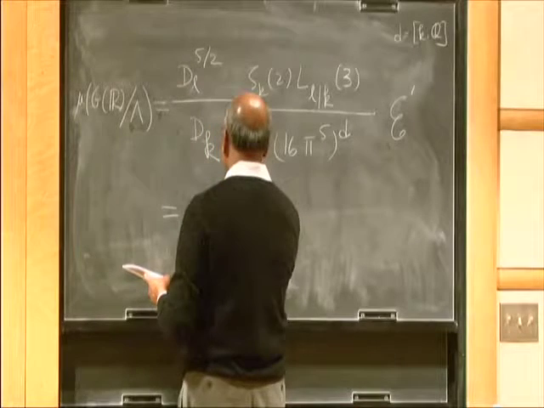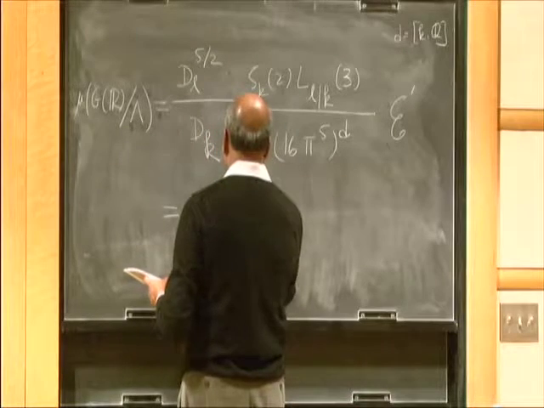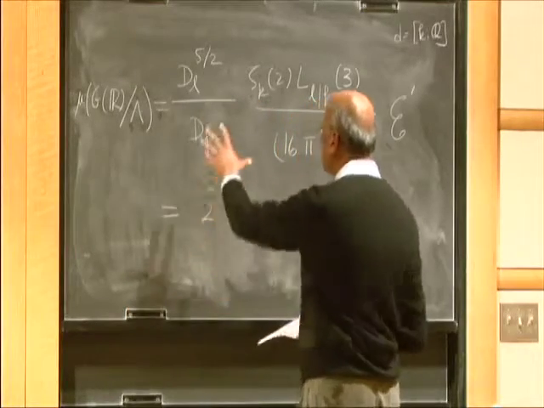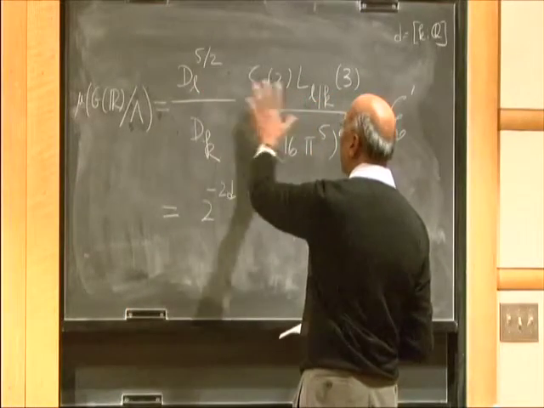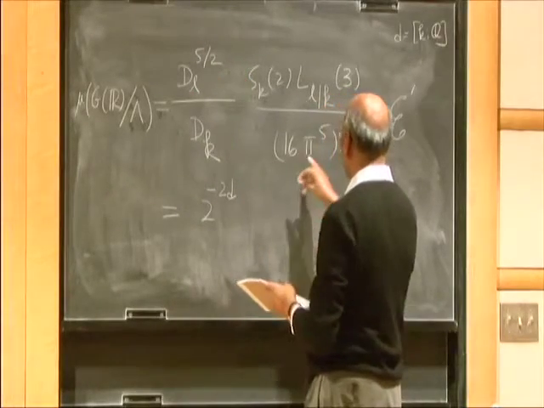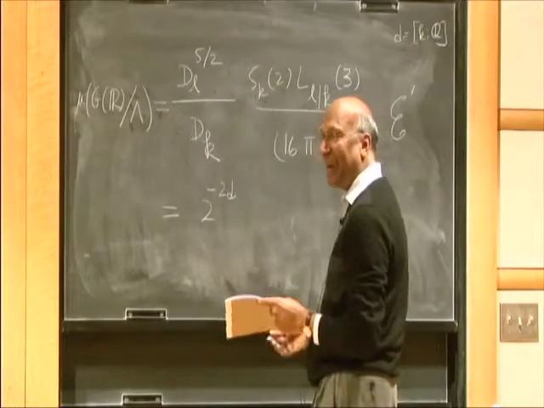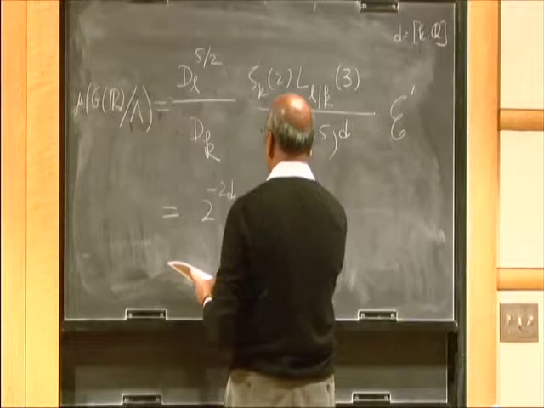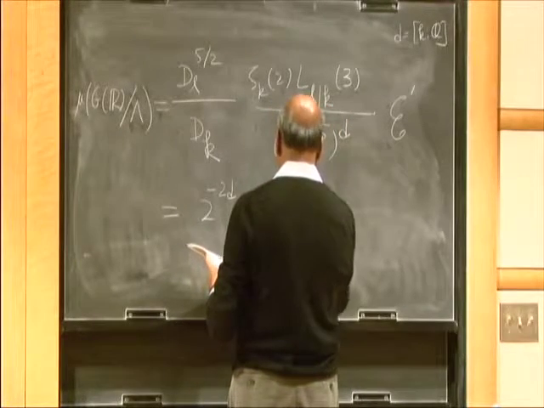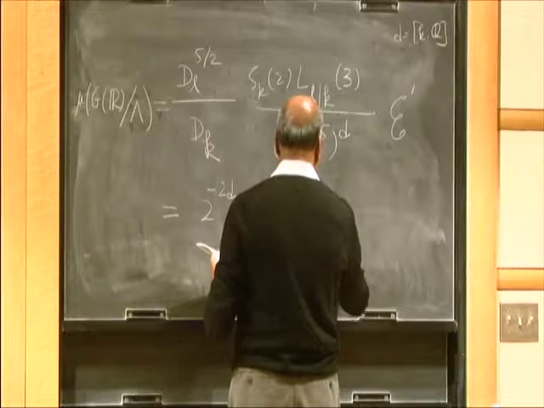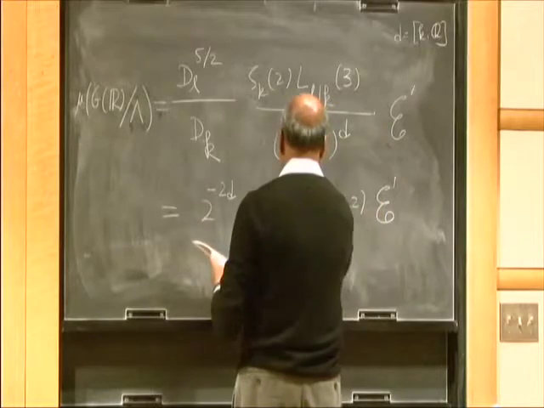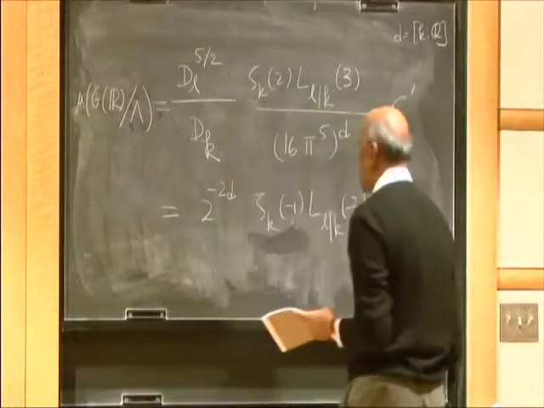Using the functional equation, God cancels out things very well. So the functional equation for zeta and L actually completely takes care of pi and d_L and d_K. So it just gives you 2 to the power minus 2d, zeta_K(minus 1), L over K(minus 2), and E prime, as I said, is a product of positive integers.